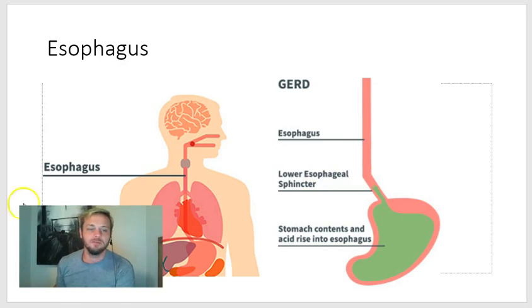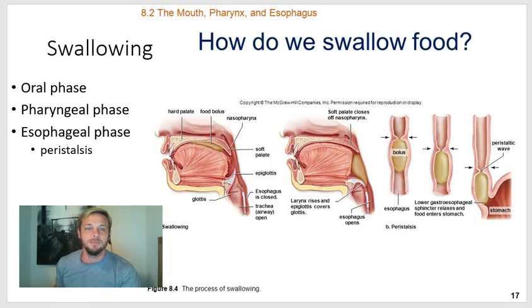Alright, so how do we get food from the mouth down the esophagus and into the stomach? Well, you swallow it, right? Swallowing has a couple different phases. The first phase is going to be the oral phase. So you have the food in the mouth, you formed it into a nice little bolus. Is swallowing voluntary or involuntary?